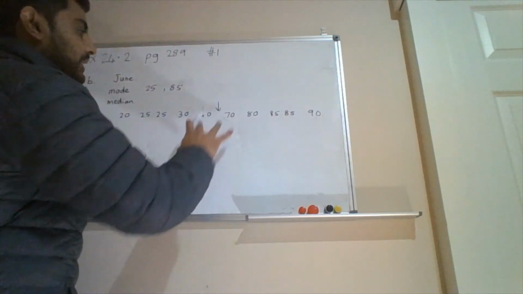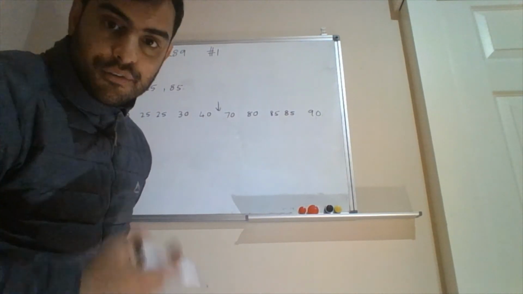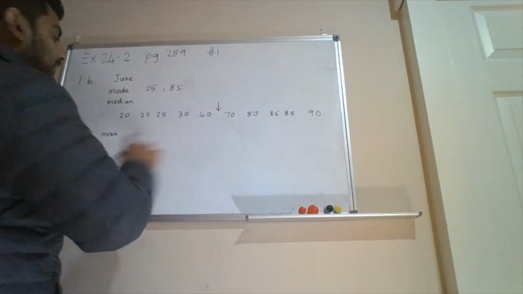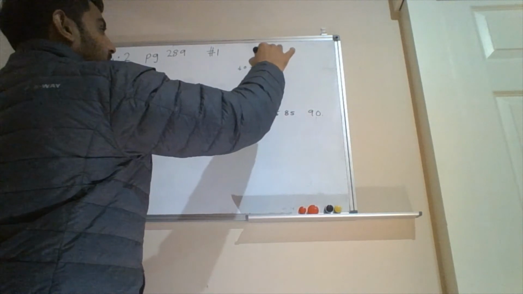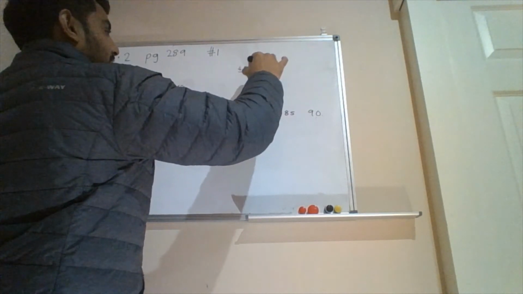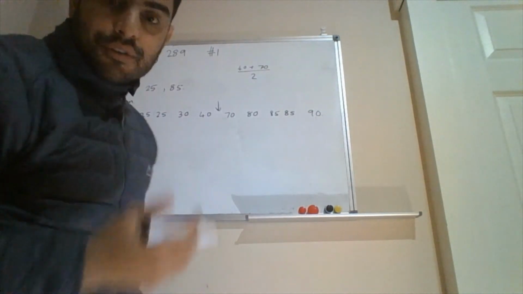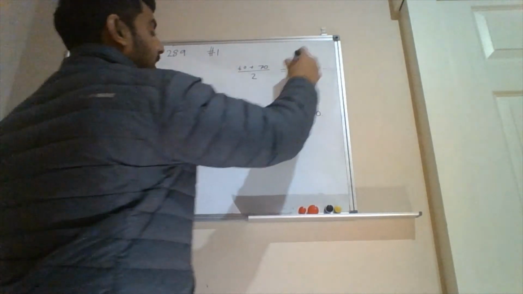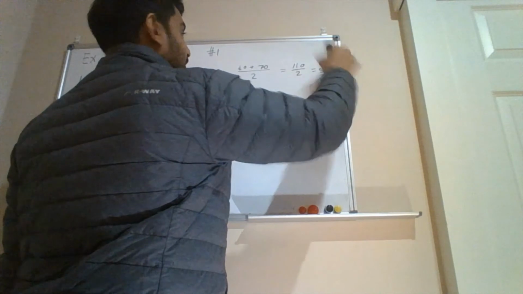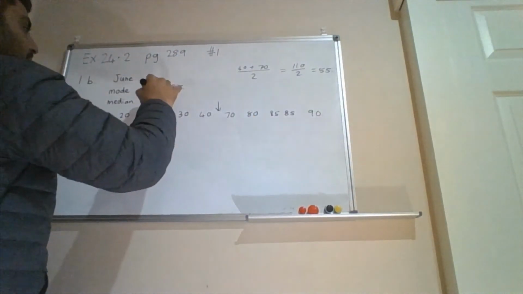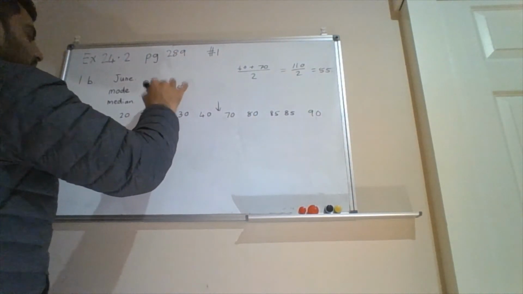So that would mean it's the average between 40 and 70. So we find the average by adding these 2 numbers together and dividing by 2. So 40 plus 70 is 110, divided by 2 is 55. So our median is 55.